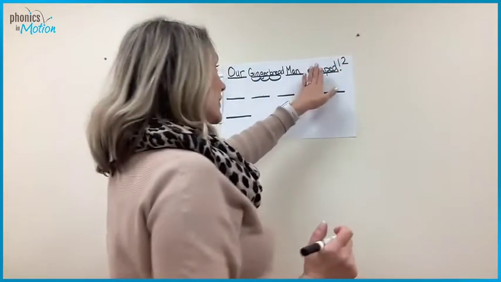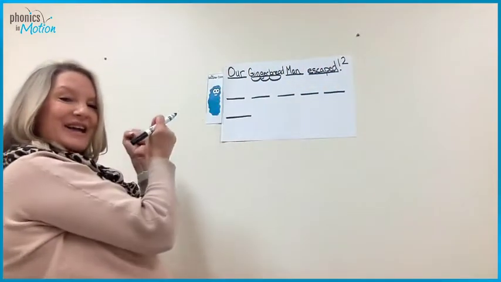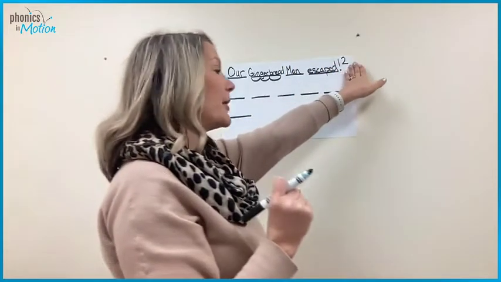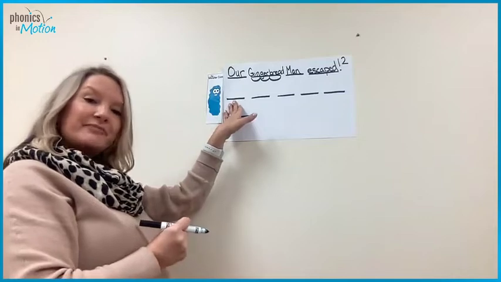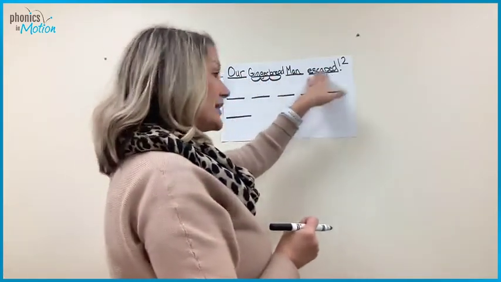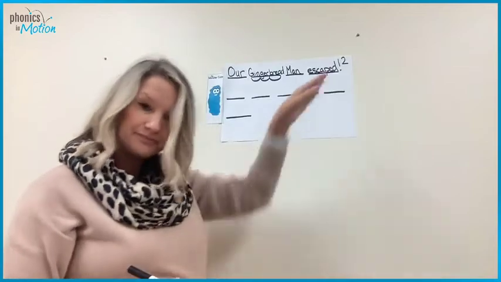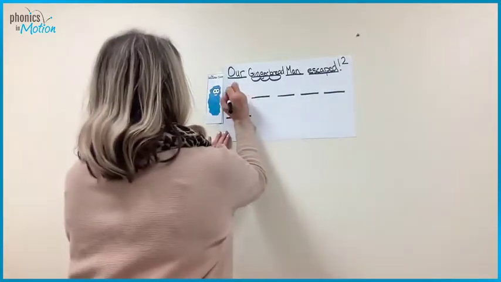And then when we were done with this, what happens? What did the monster do? He's going to pull us back. We were at the end of our paper, and he's going to pull us all the way back to the left. And we're going to start over here. Our gingerbread man escaped. Yes, we're going to start with a capital letter.